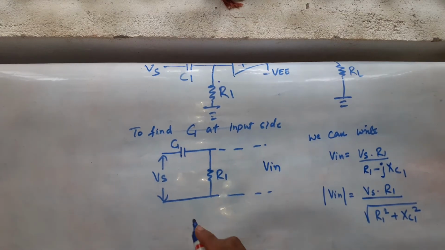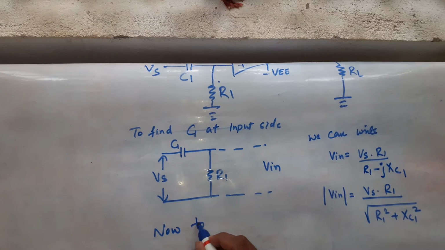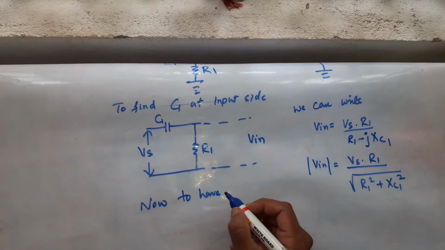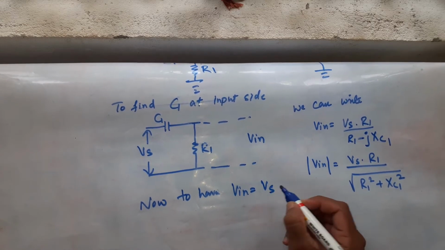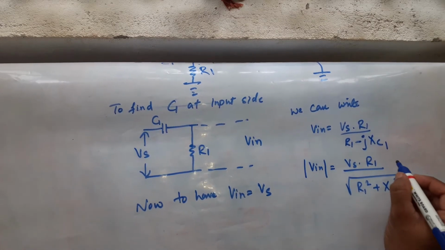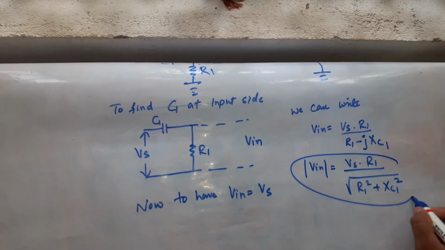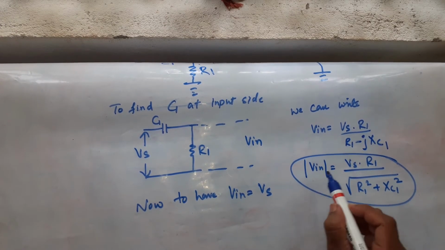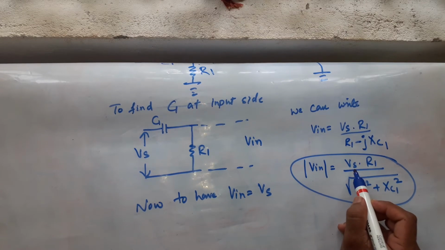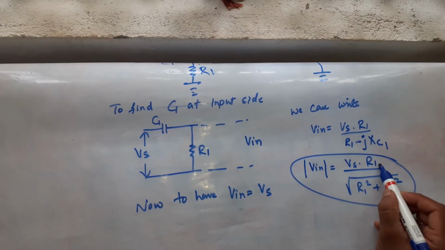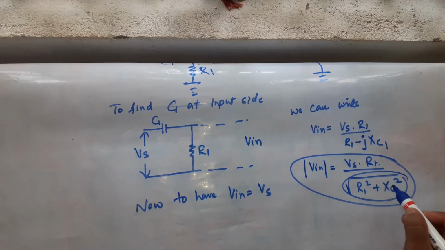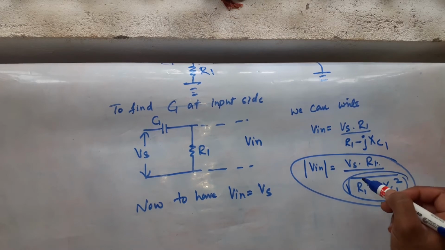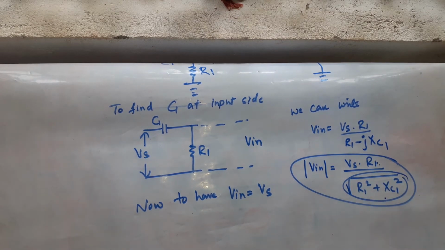For Vin equal to Vs, what should we do with this equation? We want this to equal this. This can happen only when this numerator R1 becomes equal to this denominator term, so that I can cancel and I am left with only Vin equal to Vs, right?